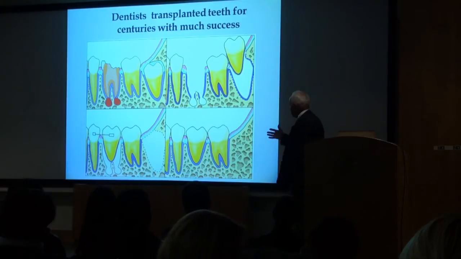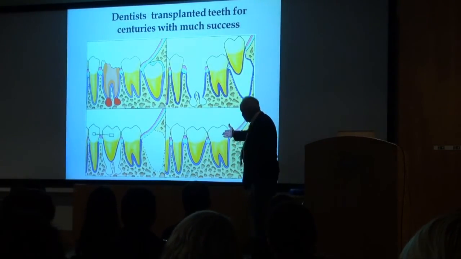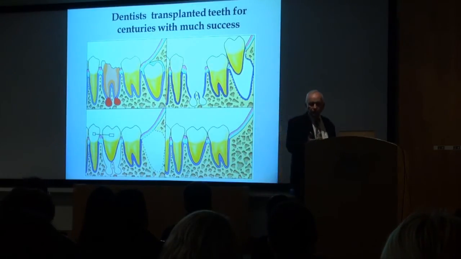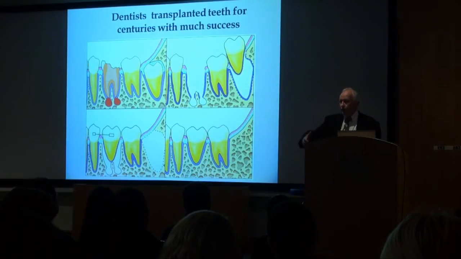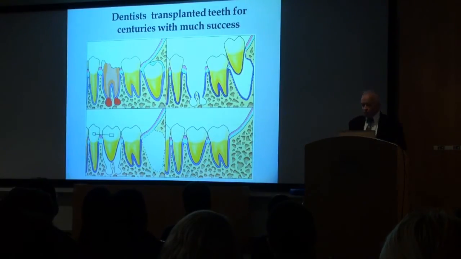And those teeth usually were ankylosed, not like here, no PDL, but they were ankylosed, and they stayed there like ankylosed teeth until the root was remodeled into bone. But they were very well accepted by the socket. So this technique is very well known.